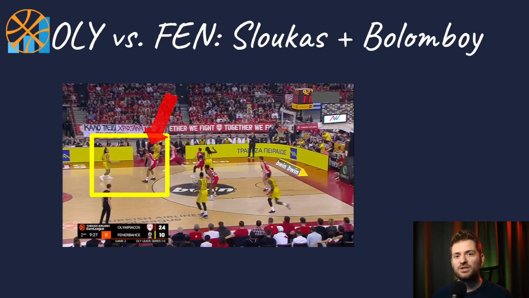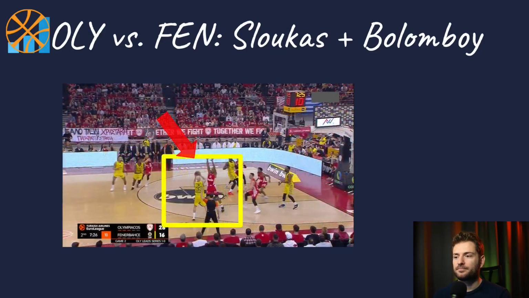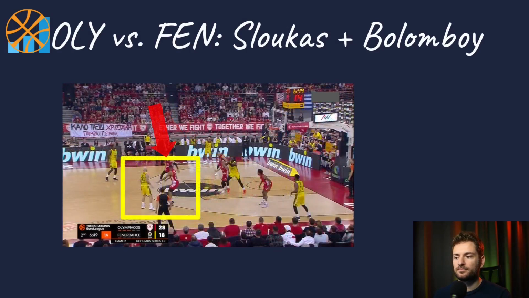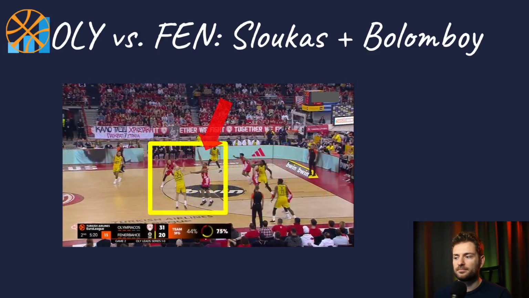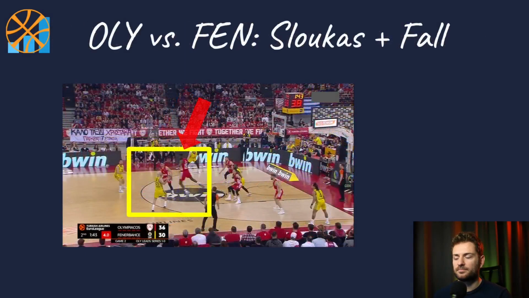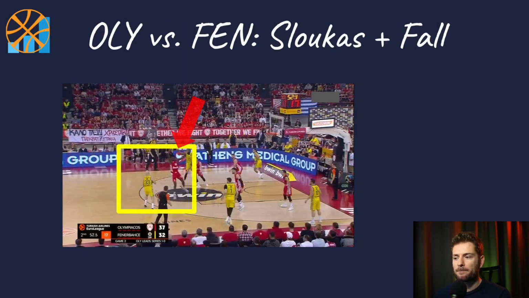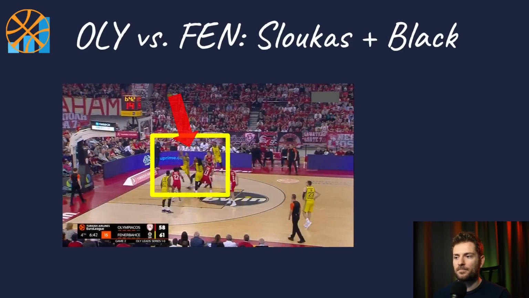It's the first time that we see Olympiacos' center outside of the 3-point line. Let's check the pictures and come to the conclusions in the end. Here we saw a different pattern.